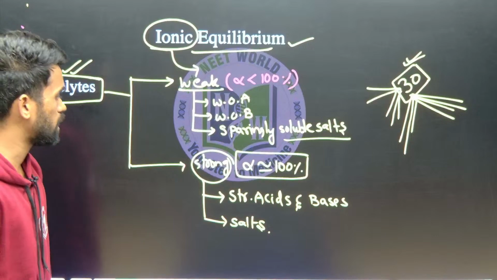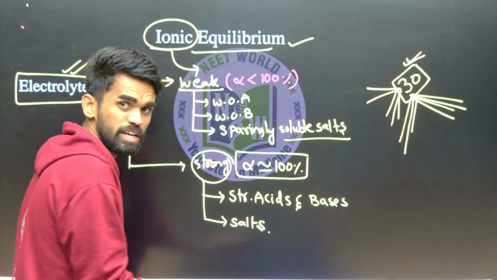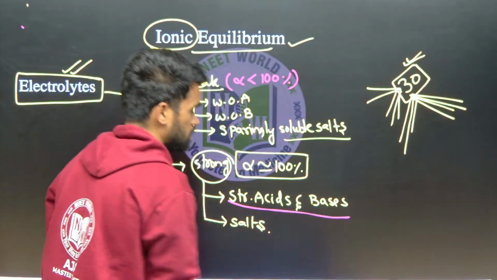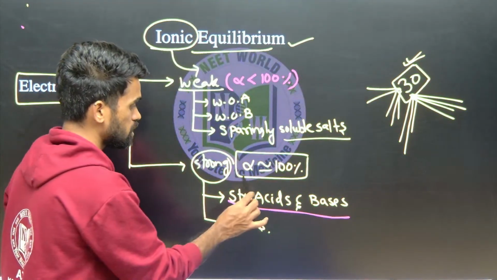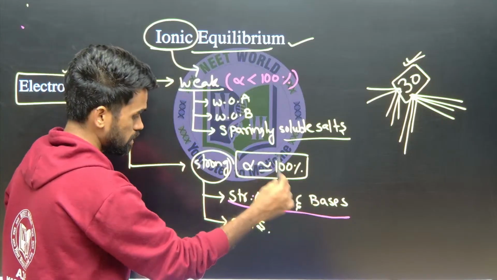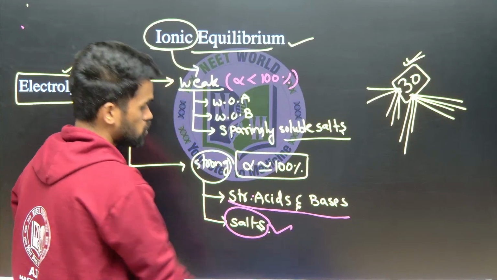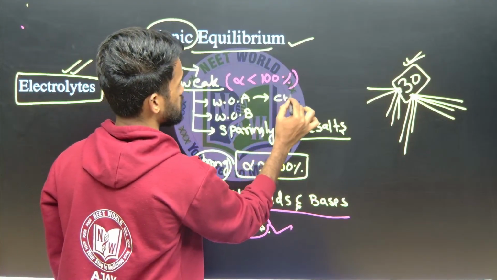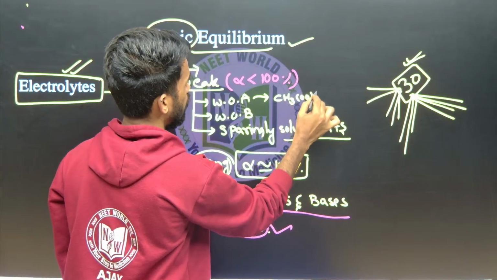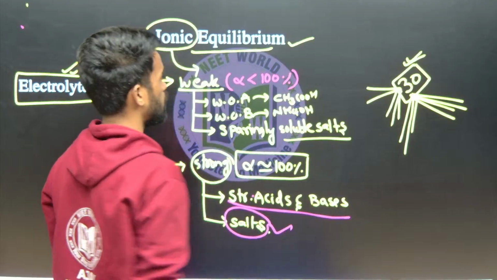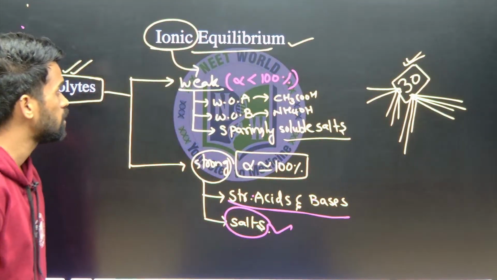Now tell me, HCl, NaOH, Ca(OH)2 all come under strong electrolytes, and so do salts formed from a strong acid and strong base, or a weak acid and strong base. All the salts come under strong electrolytes. Weak acids like acetic acid and weak bases like ammonium hydroxide come under weak electrolytes.